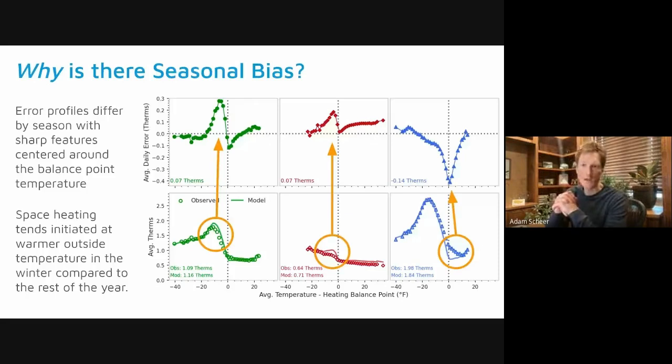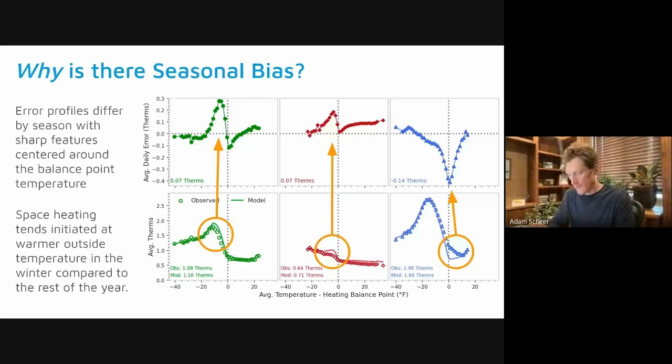On the gas side, it's a nice area to study because gas consumption is a little simpler than electric consumption, especially since you don't tend to have that cooling degree day region. But when it comes to seasonal bias and why it exists, I would mention again that the reason we're so interested in solving it, especially for gas meters, is that it's not a small effect.